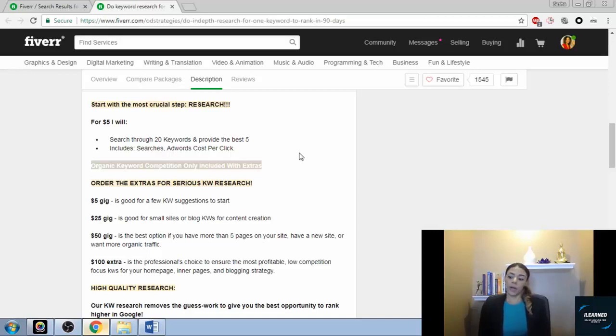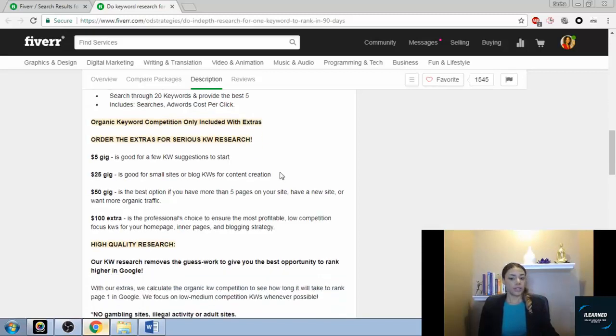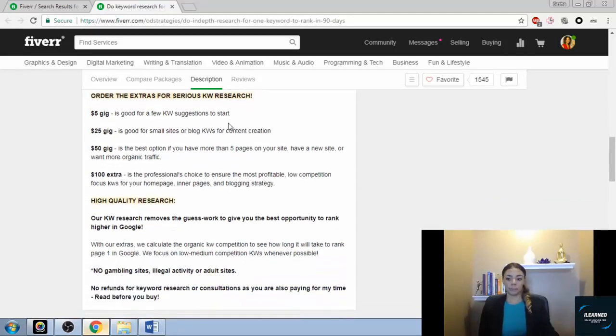They could be going after a keyword that they're never going to rank for, and they're just going to be writing blog post after blog post around these really hard to rank terms. So I find terms that are low competition and that they can rank for within a matter of weeks. That's why I let them know you're only going to get that if you order my higher packages. That does not come with the basic.